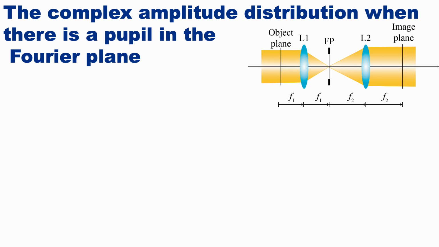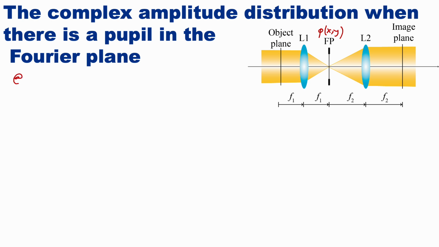So let's complicate things a little more. We are assuming that we have ideal systems where we don't have any crop of the spatial frequencies of the input. But in a realistic way, in the Fourier plane, we're going to have a mask that is going to crop the spatial frequencies of our object, right?